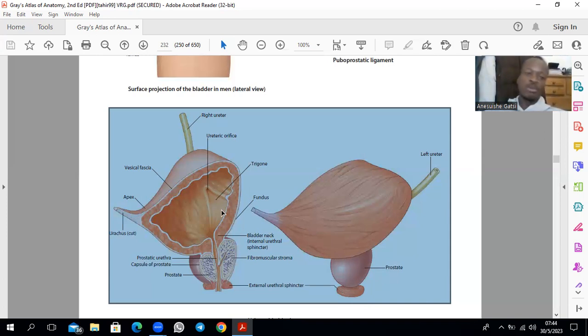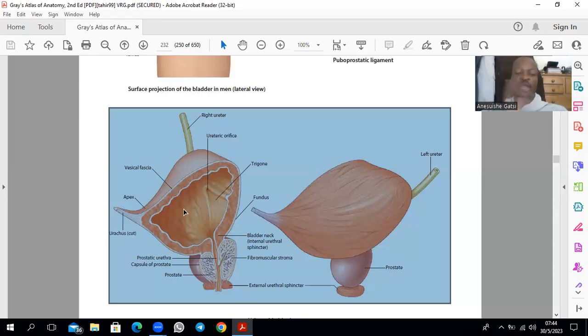The trigone embryologically is the only one that comes from intermediate mesoderm. The rest of the bladder is endodermal in origin. It's going to originate from endoderm of the hindgut, which basically forms the cloaca. Then the cloaca will partition.